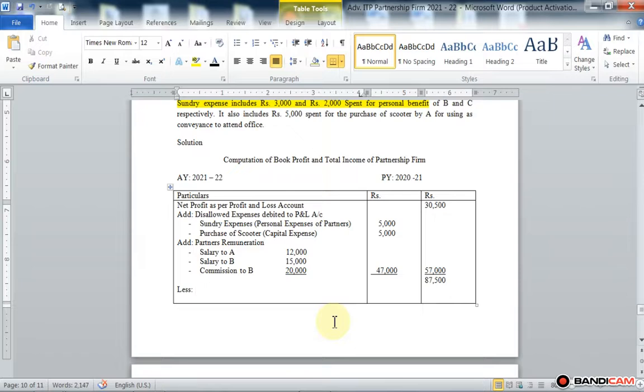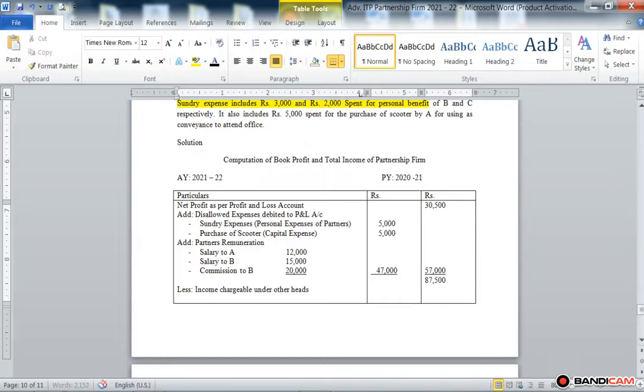It is an income chargeable under other heads.